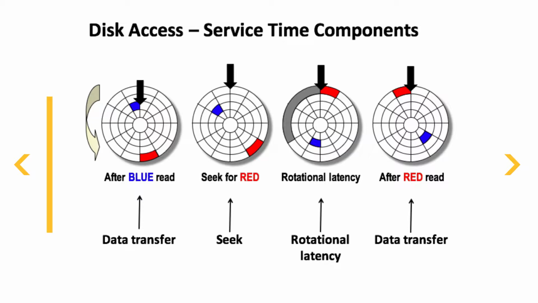Finally, it reads the red sector, and then it does the same thing over again, right? It's going to transfer the data from the red sector, seek out whatever sector it needs to find next, rotate. We'll have that rotational latency while it finds the next sector it needs to read. Then we'll have the transfer when it reads the next sector, and so on and so forth, and it just keeps on doing that.